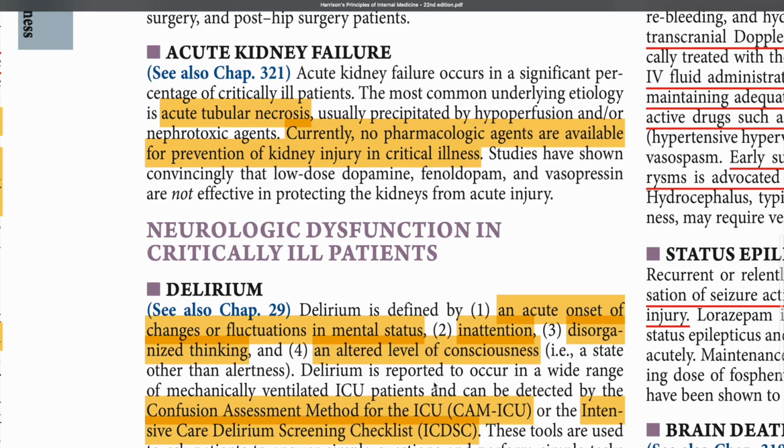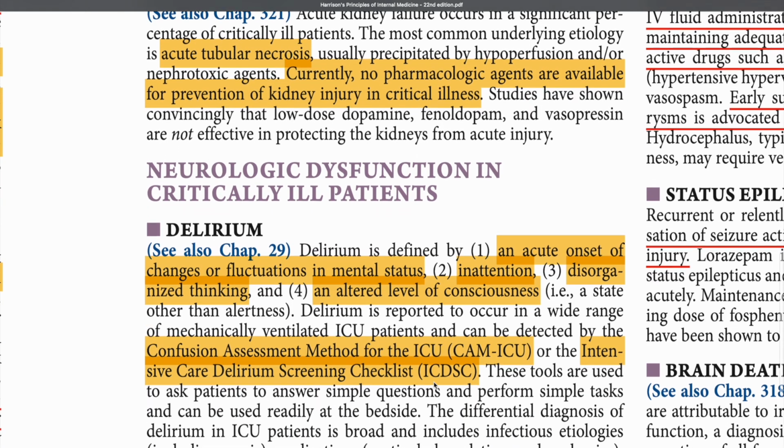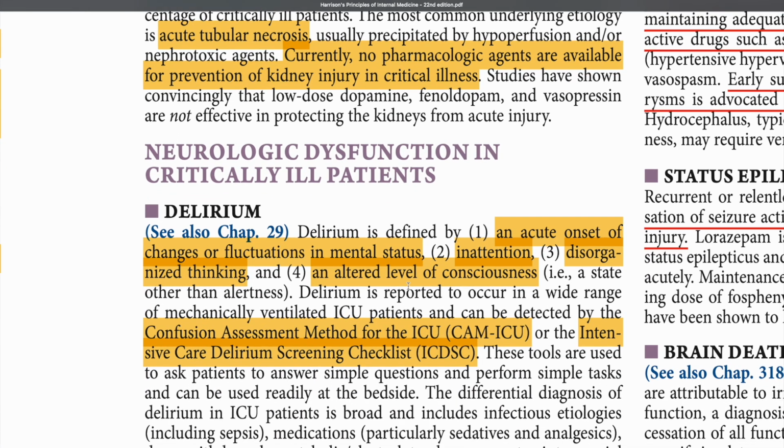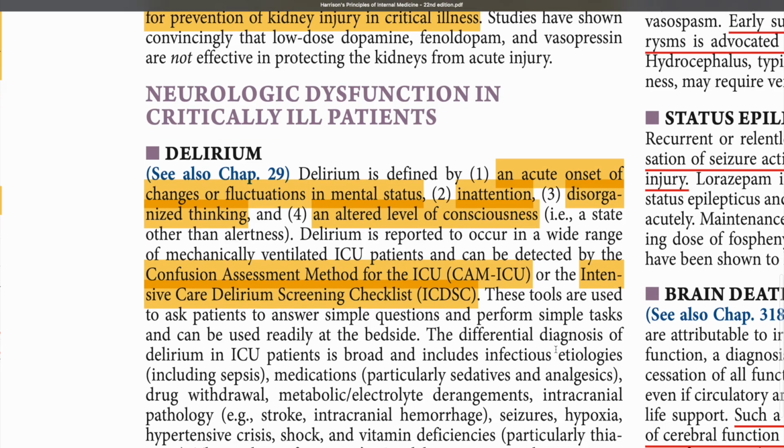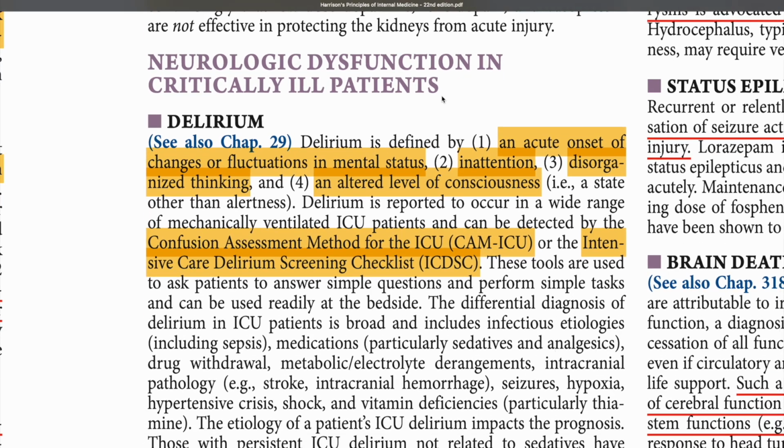Then other neurological dysfunctions like delirium. It can be defined as acute onset of changes or fluctuation in mental status, inattention, disorganized thinking and altered level of consciousness. That's what defines delirium. So in ICU they do the confusion assessment method for ICU, CAM ICU.